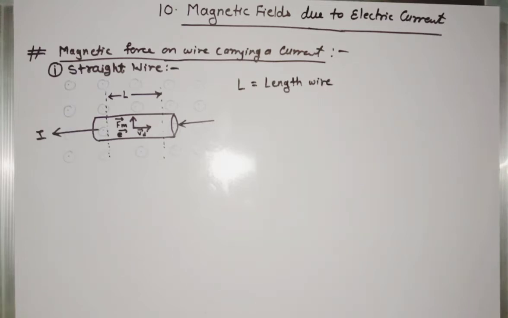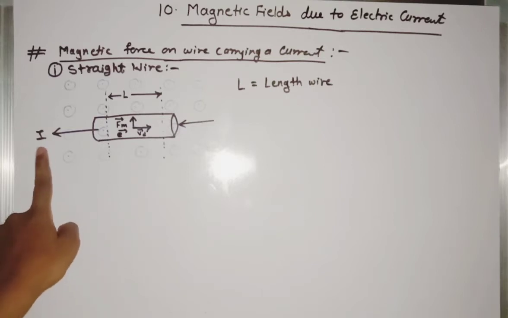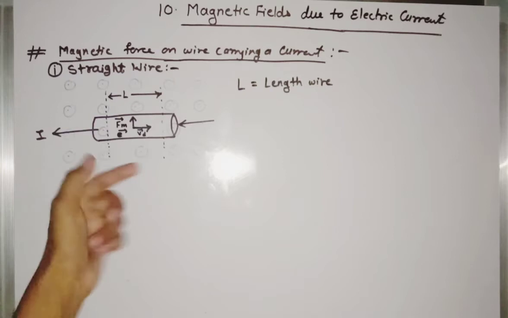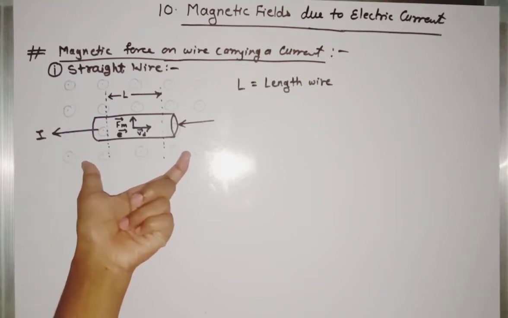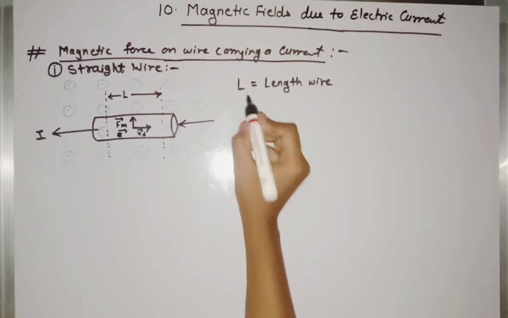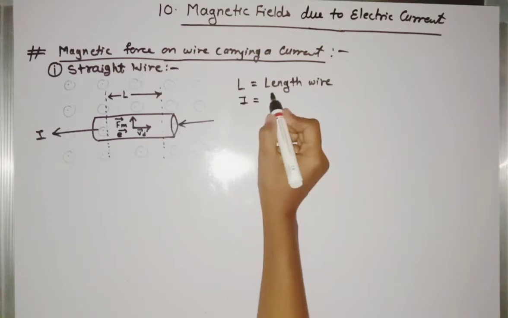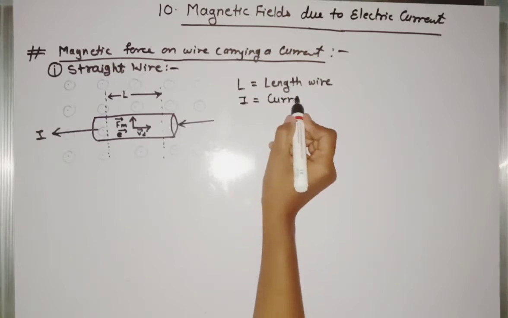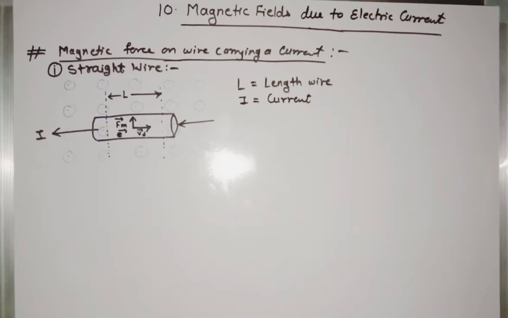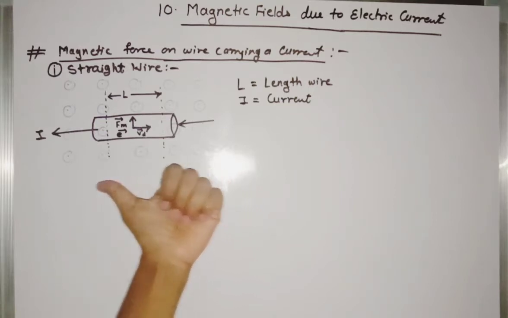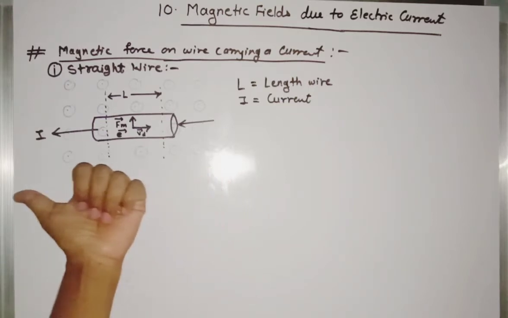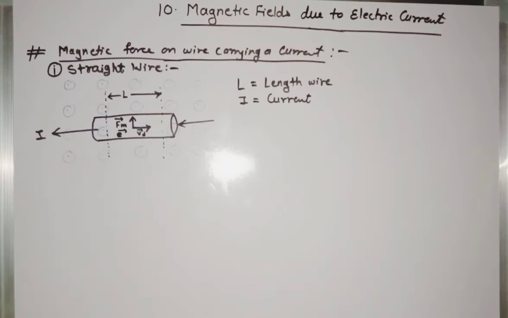If you observe properly in the diagram, we can see the current I is flowing across this wire. So I is nothing but current across the wire. Now if the direction of current flow is along this way, what will be the direction of flow of charges through this wire?